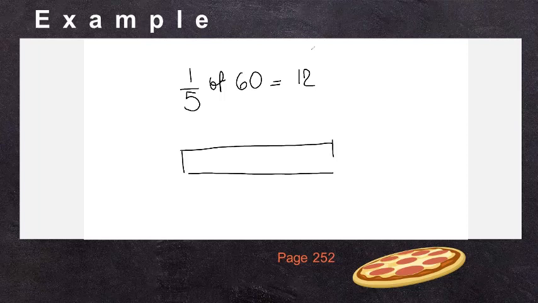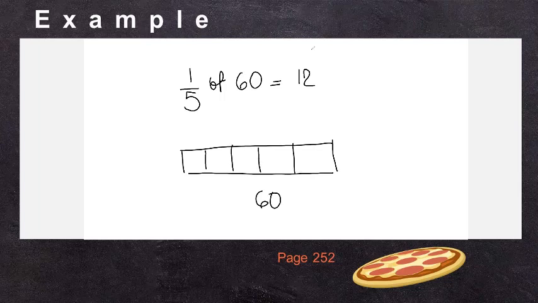Remember again, 1/5 of 60 is a total of only 12 parts. It's like you have a unit, the unit 60, and it is divided into 5 equal parts: 1, 2, 3, 4, 5.